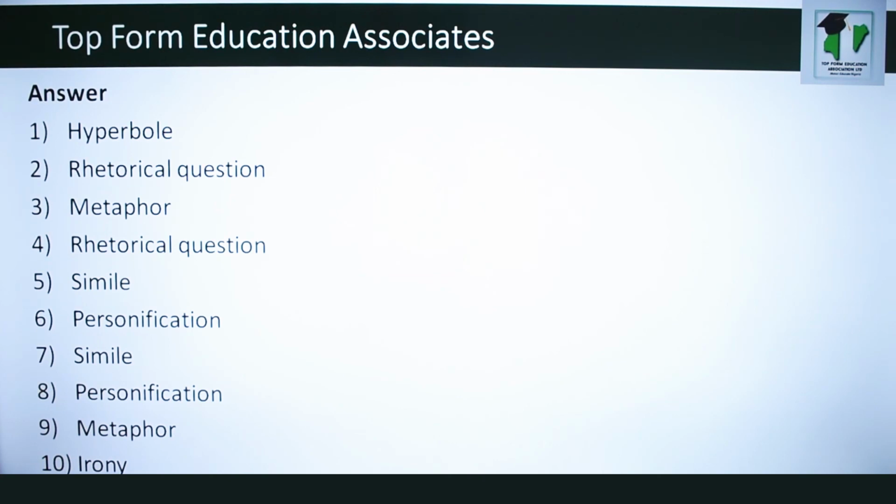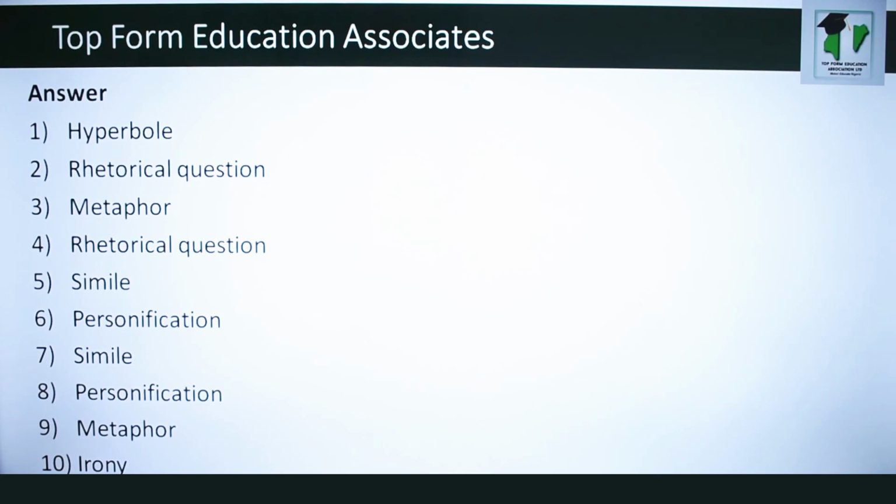Question 3, the angry mob has drunk from the cup of madness. The angry mob is equated to what? Madness, a cup of madness. That is a metaphor. Question 4, why can't it be daytime? That's where I said it was mistakenly repeated. Of course, you can say that is a rhetorical question.